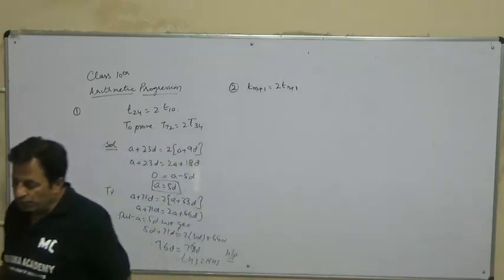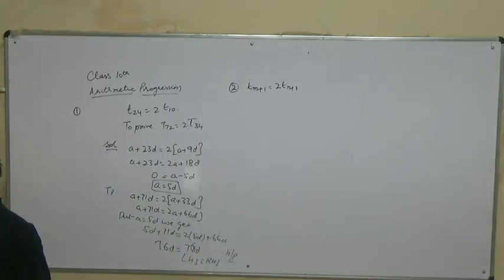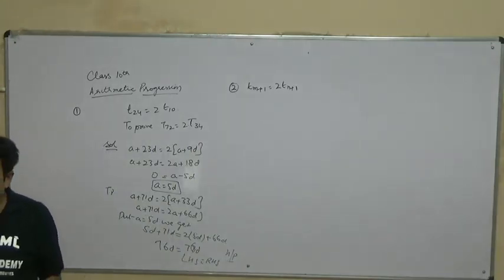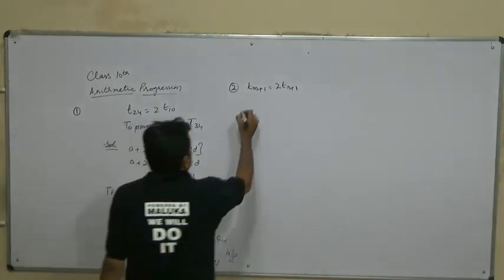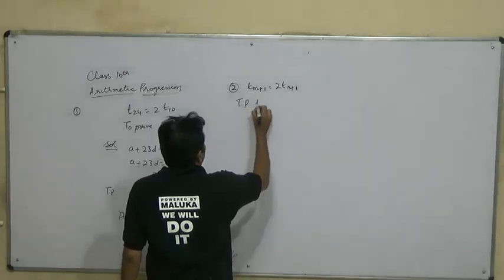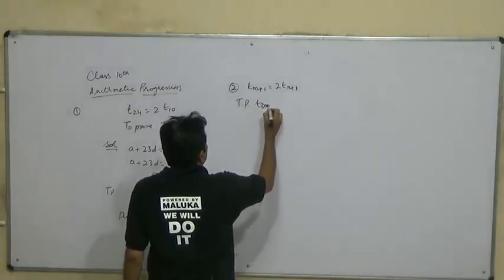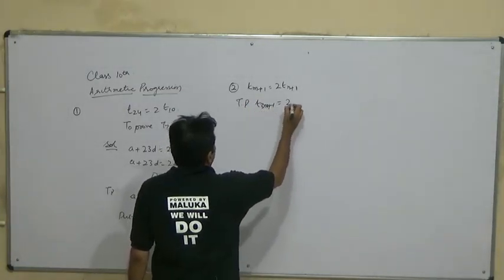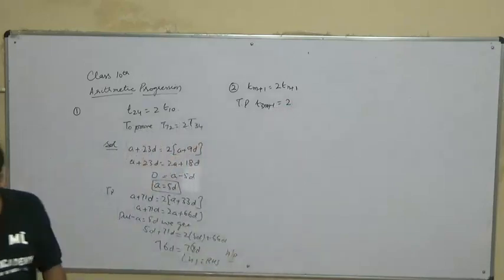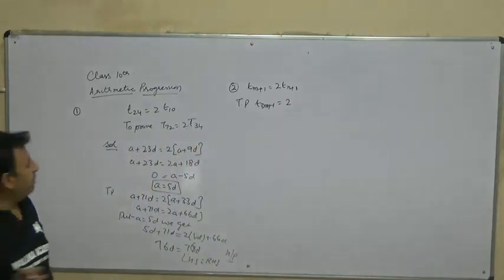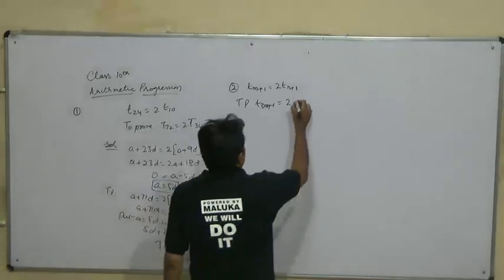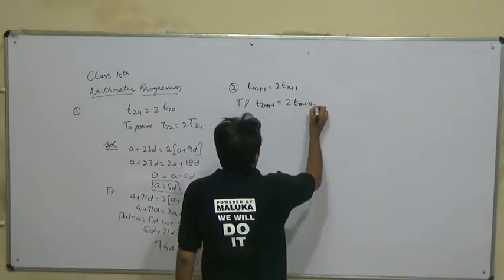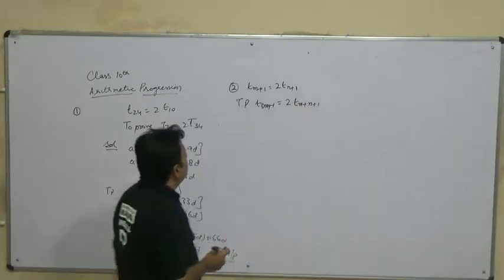What we have to prove here? The 3m plus 1th term is twice the m plus n plus 1th term. So this we have to show.